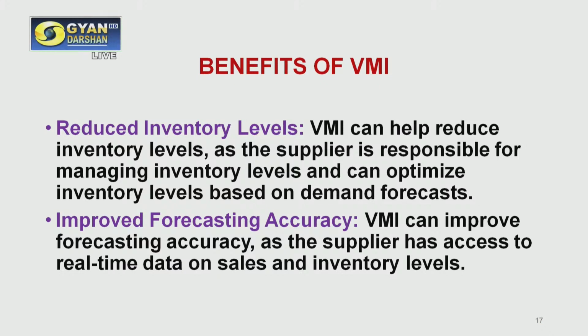The second thing is that when you are sharing common data, there is an improvement in the accuracy of the forecasting. A few more benefits: stock out situations will be minimized, efficiency in planning will be increased, and there will be an improvement in the relationship between the vendor and the retailer.